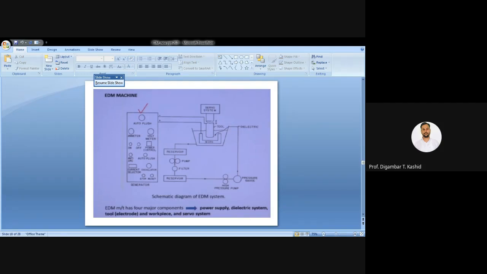Once the applied potential is more than the breakdown voltage, that is when the spark will occur.